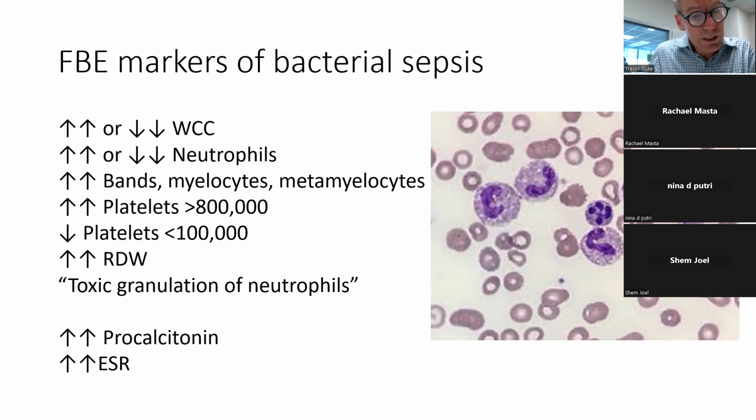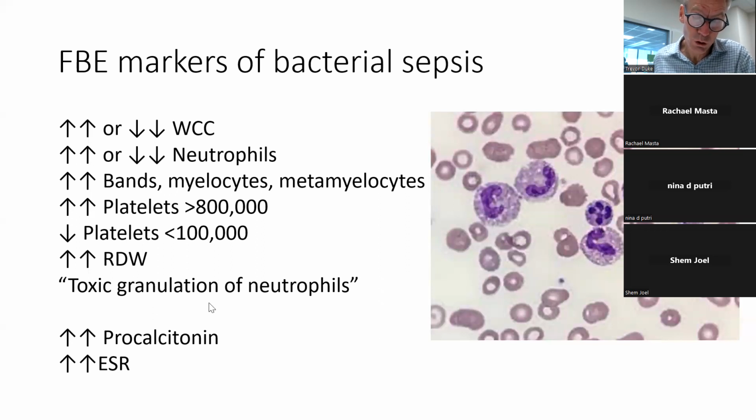Sometimes the laboratory report or the hematologist reports toxic granulation of neutrophils. That's exactly what you're seeing in this blood film, toxic granulation, which just means that the neutrophils have started to produce enzymes that are going to release into the bloodstream to lead to that systemic inflammation.